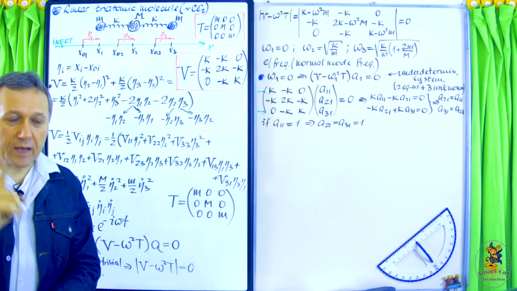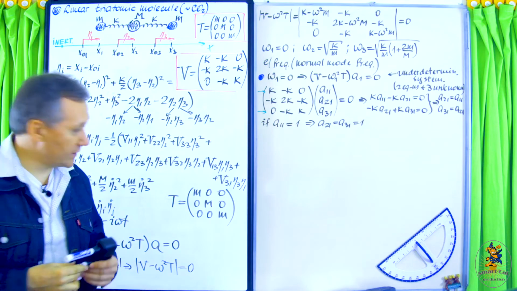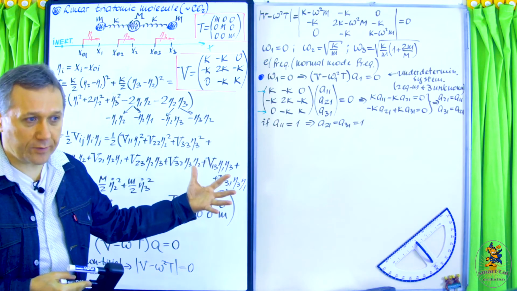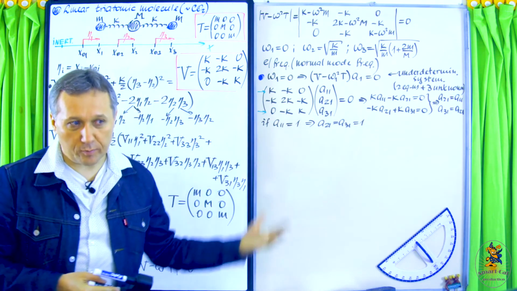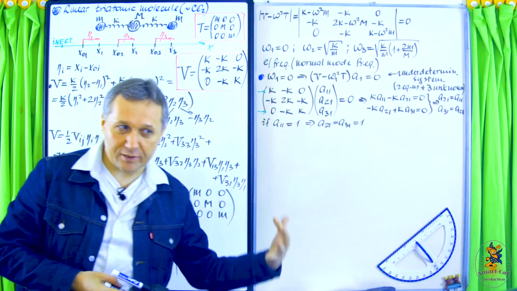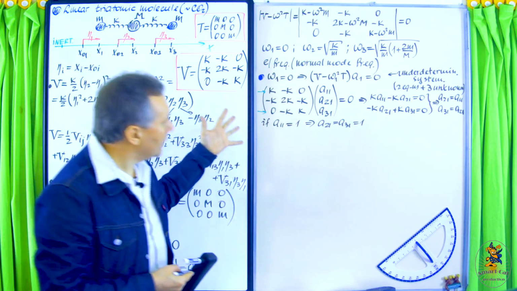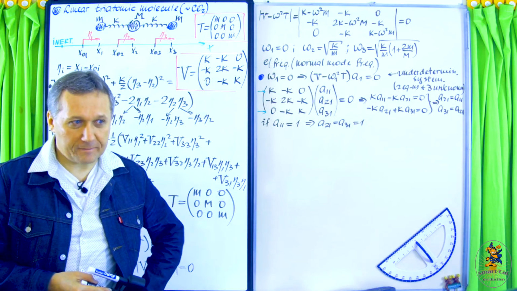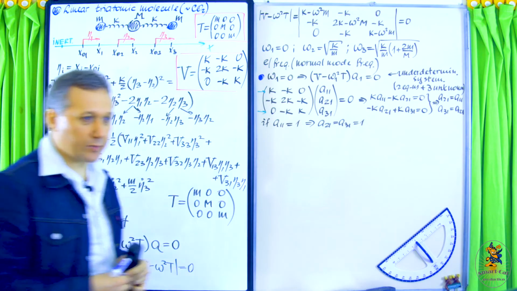Okay, now let me introduce a normalization factor, because you remember I told you, since we have an underdetermined system, we have some degrees of freedom, which over here we're now trying to apply. I'm going to introduce a normalization factor, and we're going to find it so that our eigenvector will be normalized, according to the procedure which we introduced as a normalization procedure.